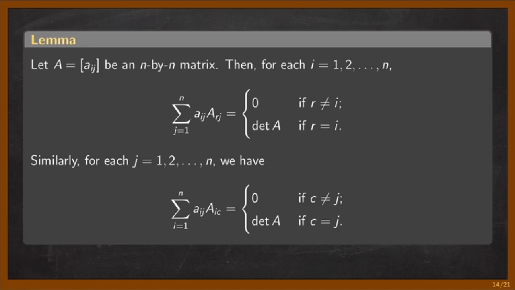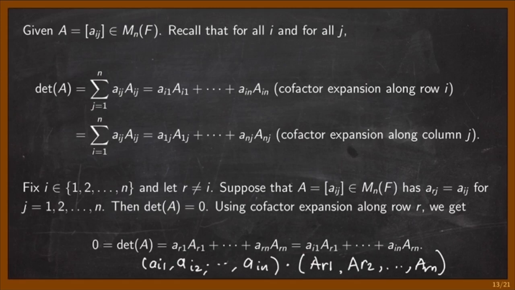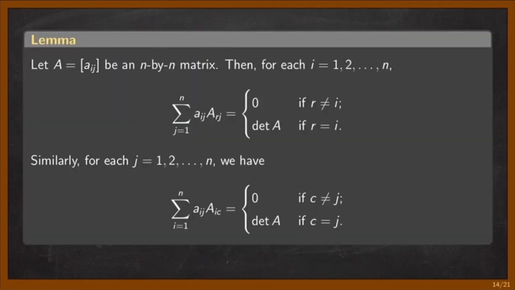So this summation represents the dot product illustrated over here. Now, if we do this dot product AI1, AR1, AI2, AR2, and so on, this dot product is 0 according to our computation whenever R is not I. But when R is equal to I, this just reduces to the simple determinant of A. And this must happen similarly when we select a particular column.